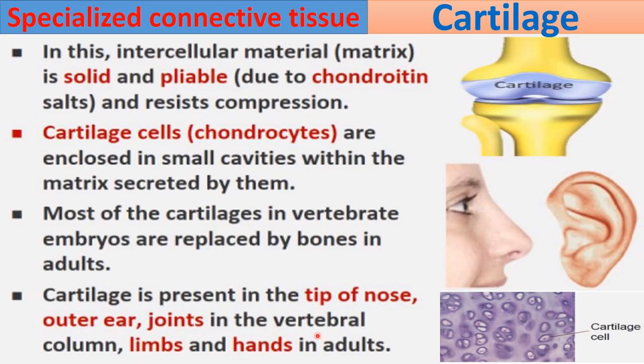Also, in adults, cartilage is found in the joints of limbs and hands. Here you can see these are chondrocytes, and all this matrix is secreted by the chondrocytes themselves.